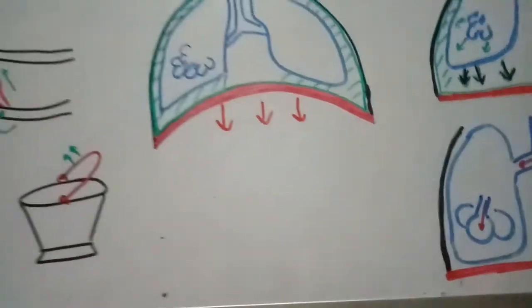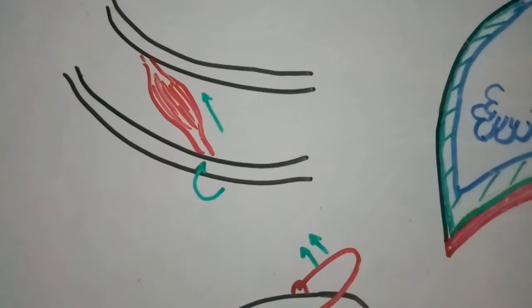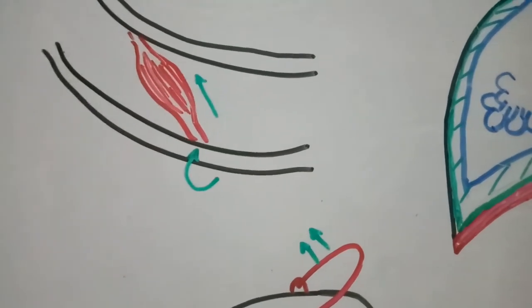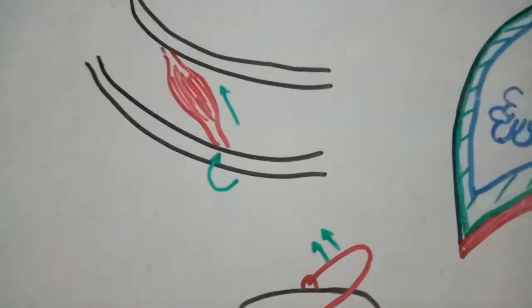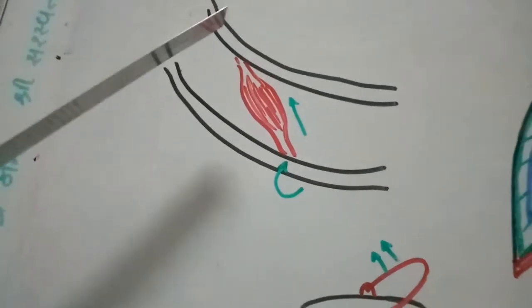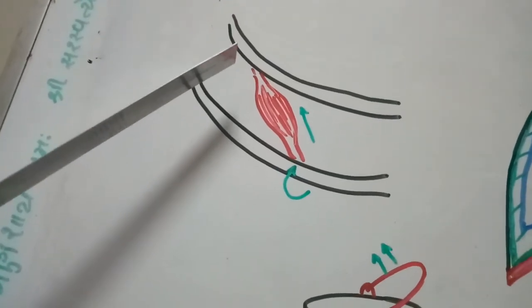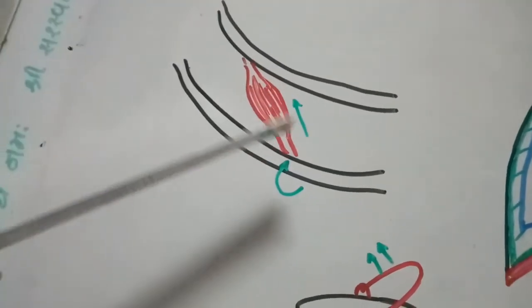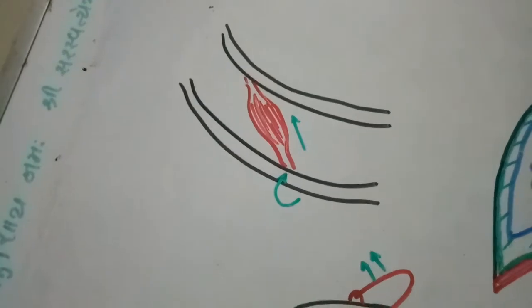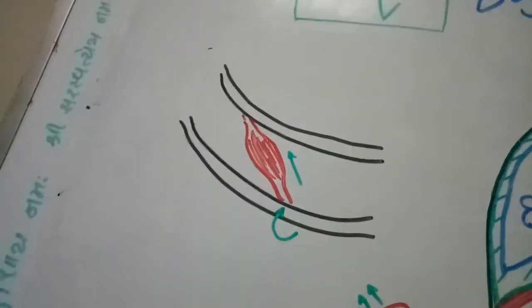Now the second mechanism we have is the external intercostal muscles. You have to remember that external intercostal muscles are inserted in front. They are coming like this and inserted in the front of the body.